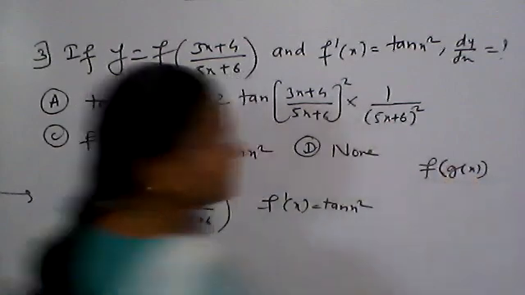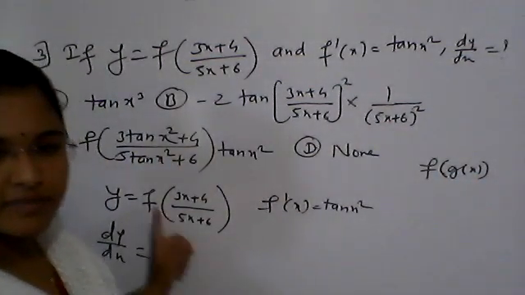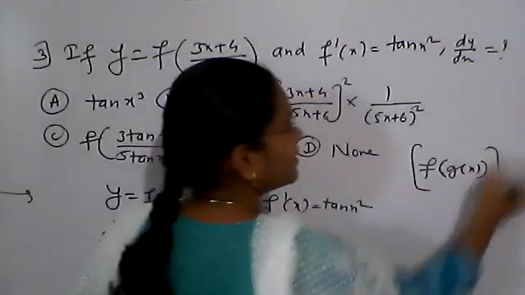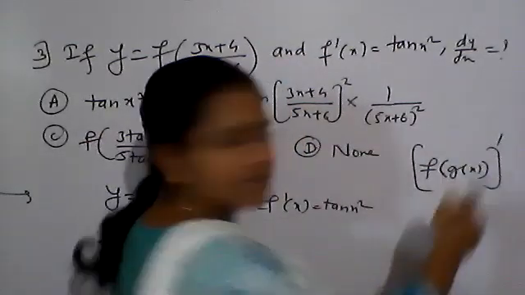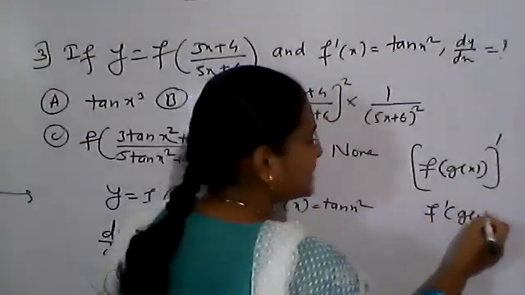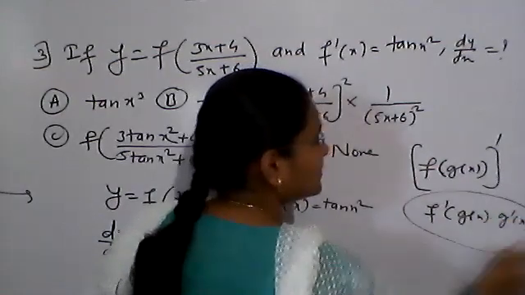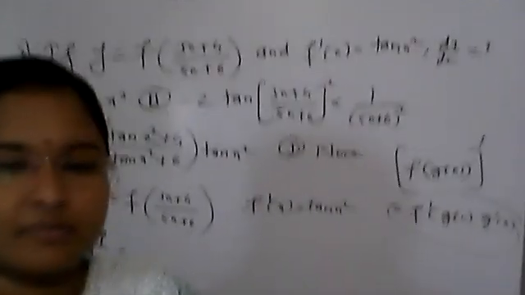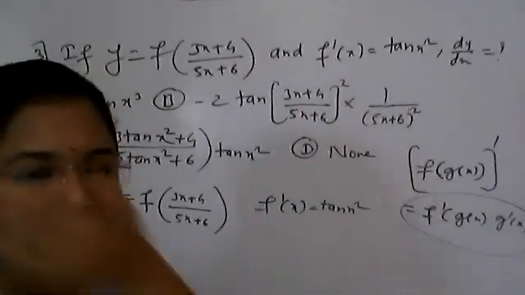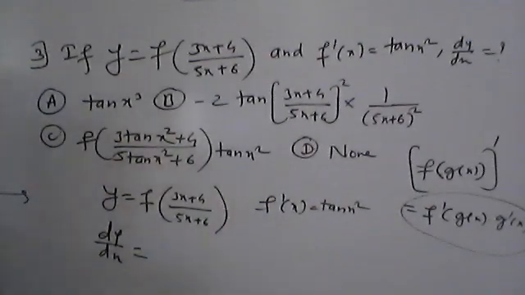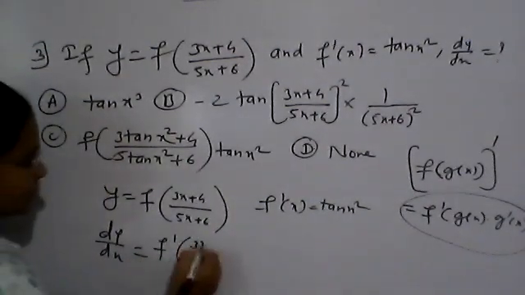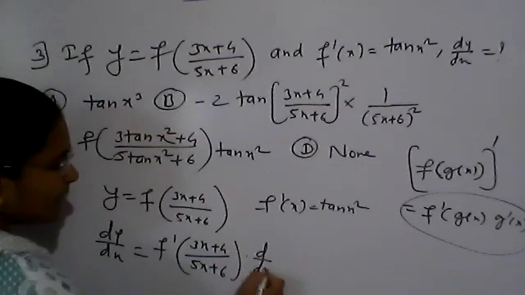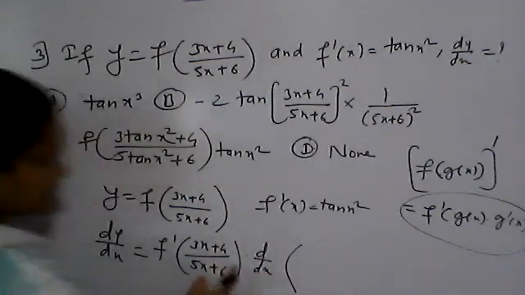Yes, so the derivative of this will be f dash of g of x into g dash of x. Any doubt? No, ma'am. Okay, so we can write dy by dx equals f dash of (3x plus 4 upon 5x plus 6) into d by dx of this quotient. What is the derivative of this quotient?